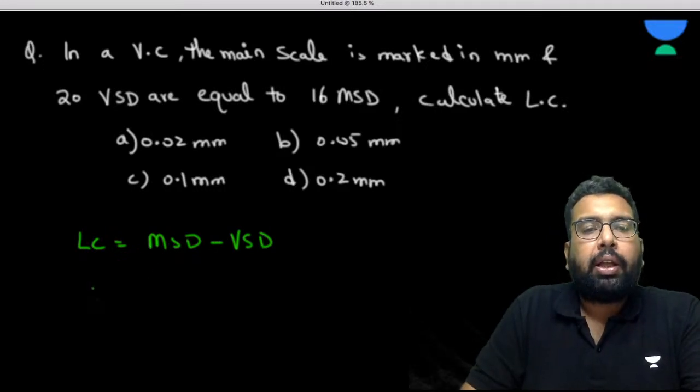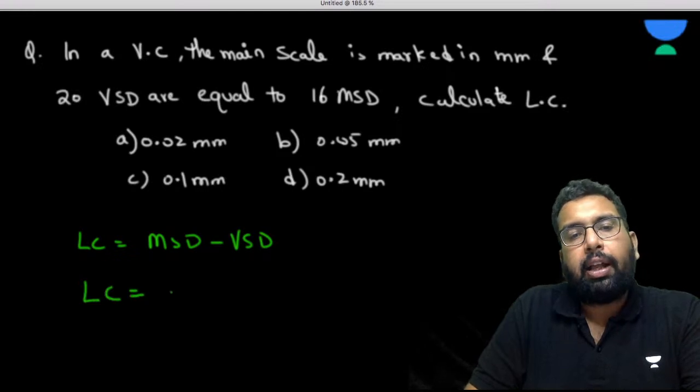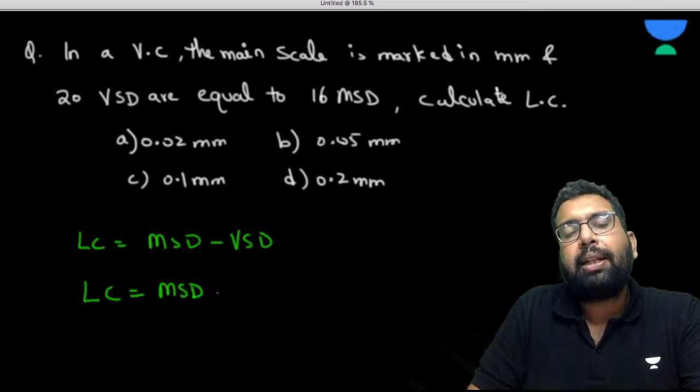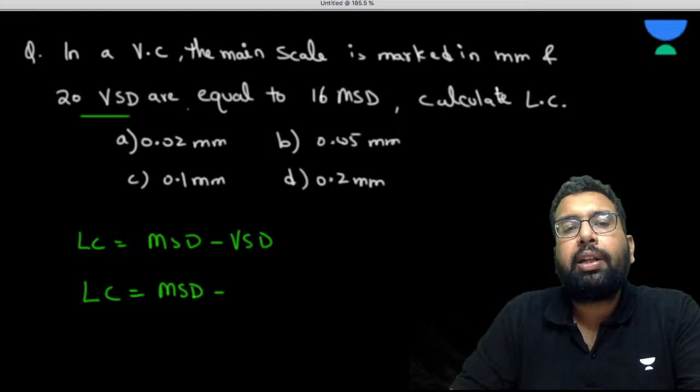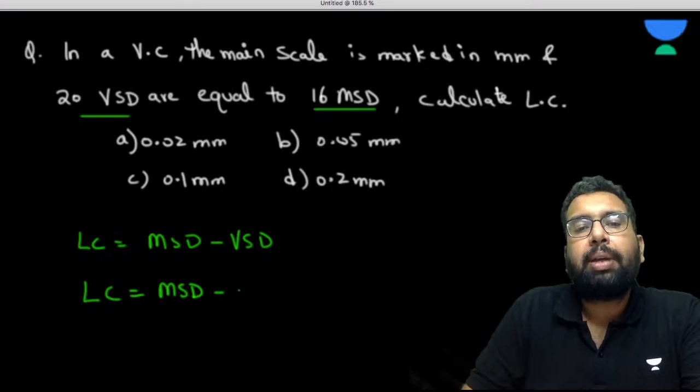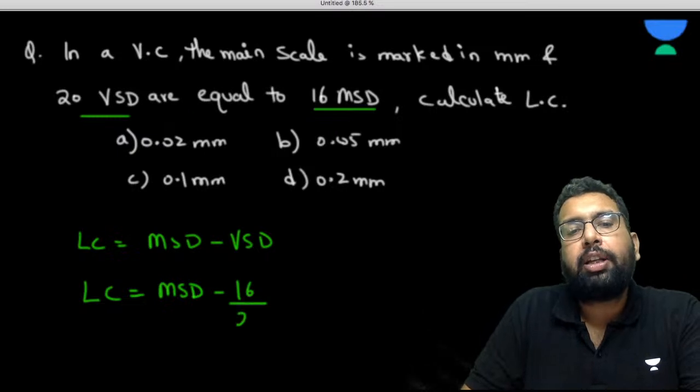Now see, even if you don't remember anything, it is written that 20 vernier scale divisions are equal to 16 main scale divisions. So 1 VSD is going to be 16 by 20 of a main scale division.